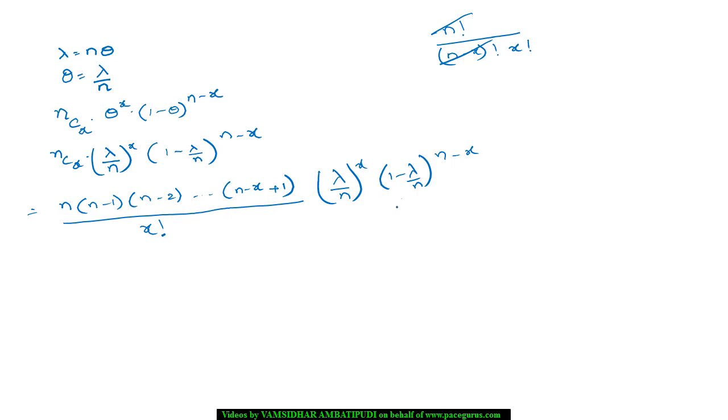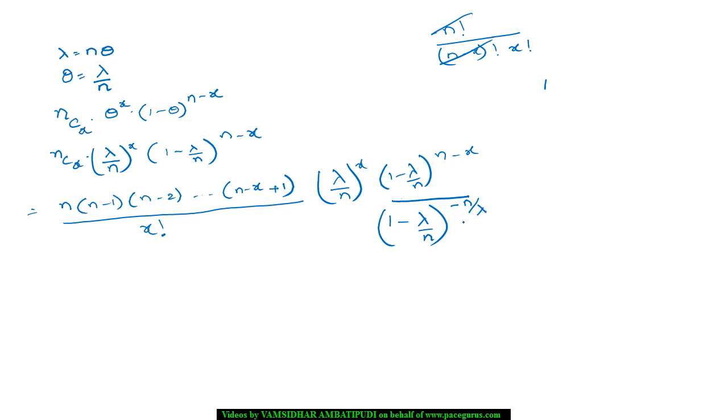Now what I will typically take is 1 minus lambda by n to the power n minus x. I will write it like this.